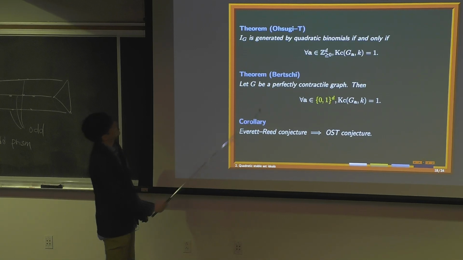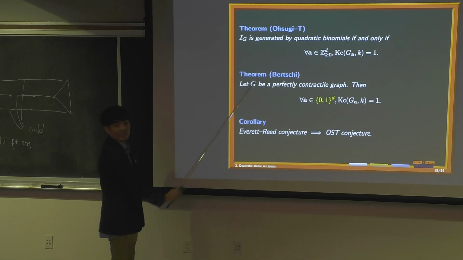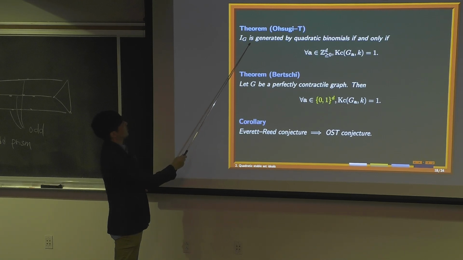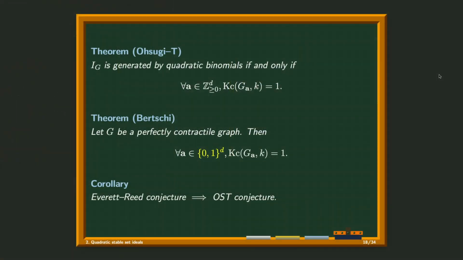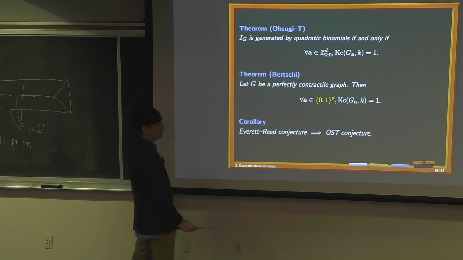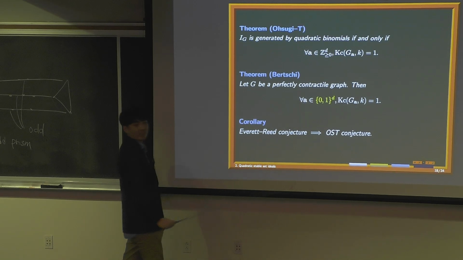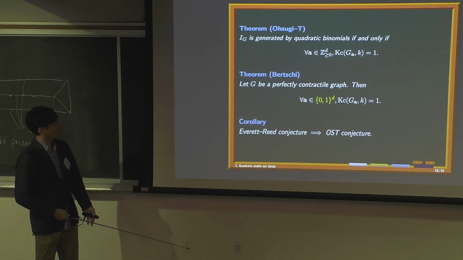So we recall our first quadratic result. The ideal is generated by quadratic binomials if and only if this equation holds for any replication graph. On the other hand, a perfectly contractile graph has this property. Namely, if G is perfectly contractile, then this equation holds for 0-1 vector replication graphs.